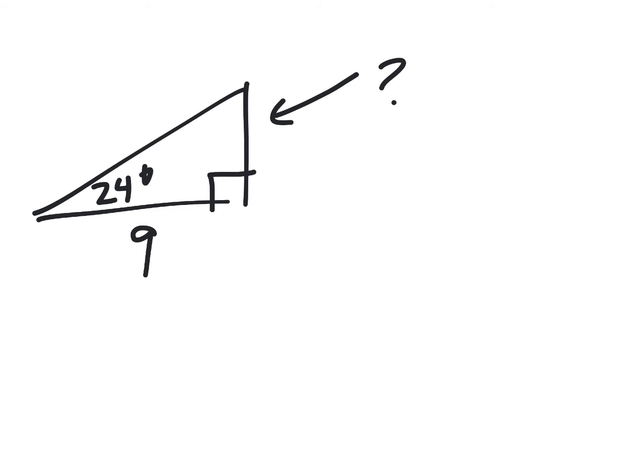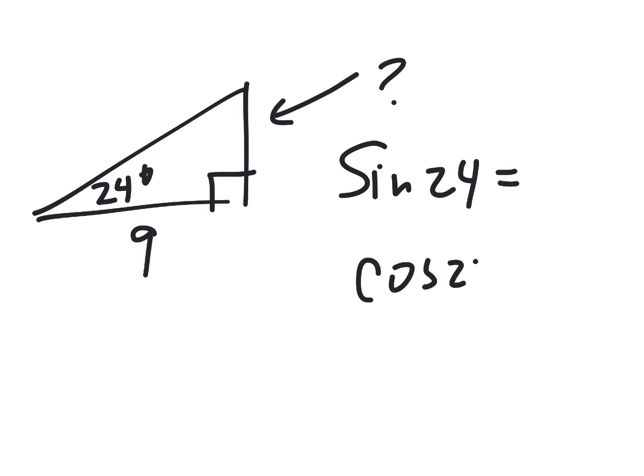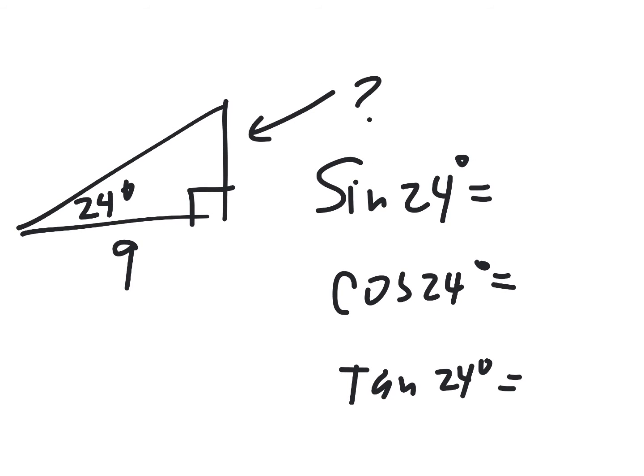So you've got to be able to find sine of 24 and know what that is. You got to be able to find cosine of 24 and know what that is. And you got to be able to find tangent of 24 and know what that is. And not just the decimals, but the fractions, like what over what.